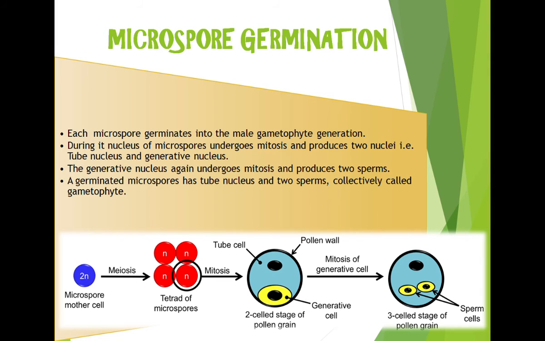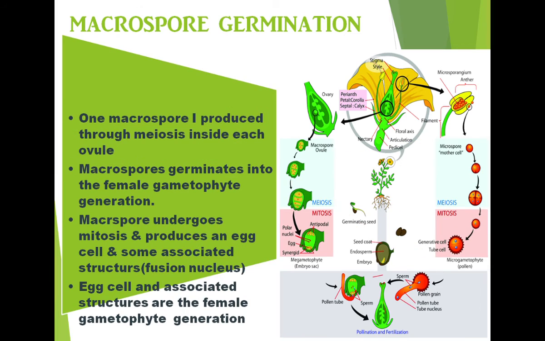Okay. Now let's come to the macrospore germination. अब macrospore कहाँ produce हो रहे हैं? Yes, macrospores are produced in the ovary. So in the ovary, in the ovule, one macrospore is produced through meiosis inside each ovule, and this macrospore then germinates into the female gametophyte generation. As you have seen in the diagram, this is the megagametophyte.